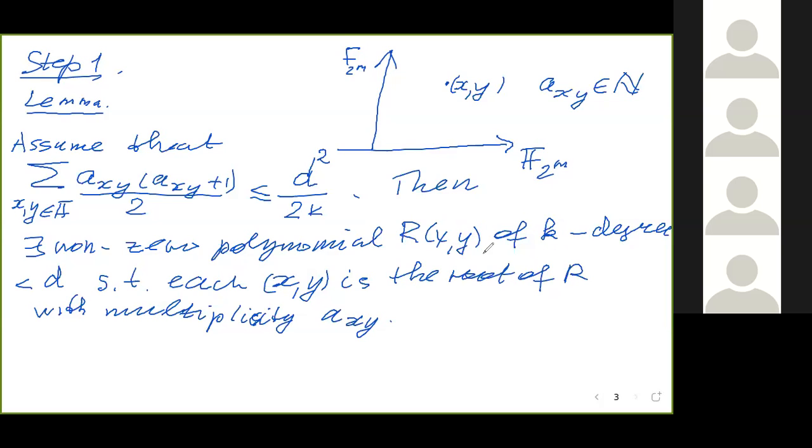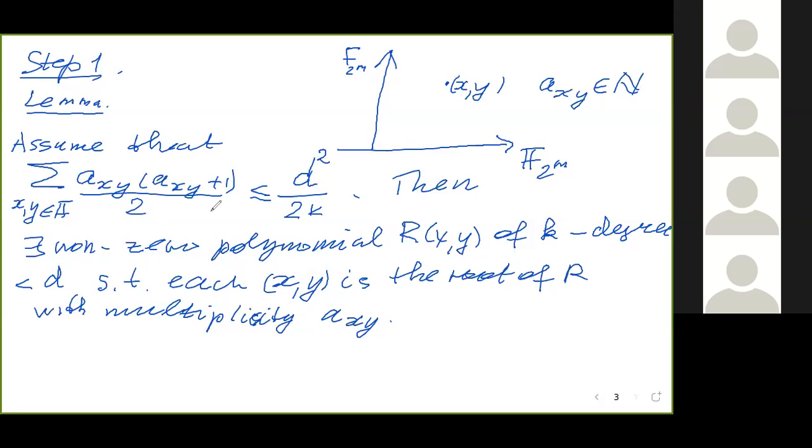And this constraint is naturally written as a system of homogeneous equations, where the number of equations is the number of monomials of degree less than a(x, y). And the number of such monomials is that binomial coefficient, a(x, y) choose 2.